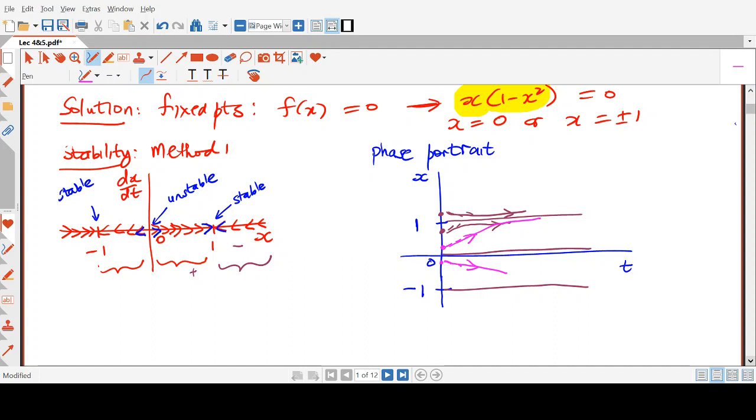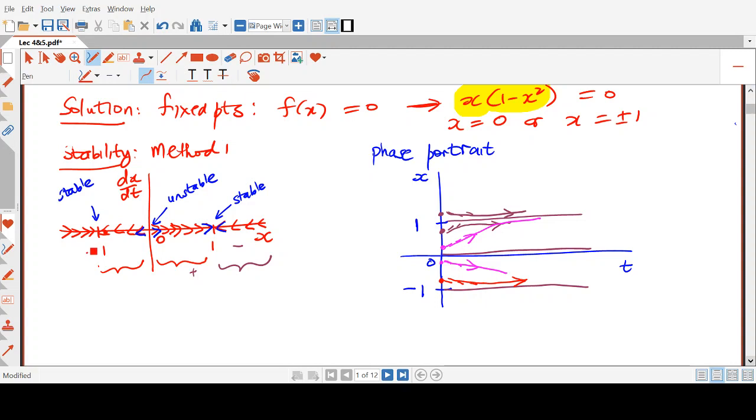That's an unstable equilibrium. Likewise, at -1, we go to -1, you'll find again on the right-hand side of -1, it's a negative slope. If you start off from the top of -1, you'll be following a negative slope. And again, you can see it's going to come down here.